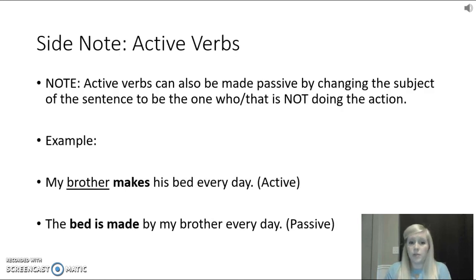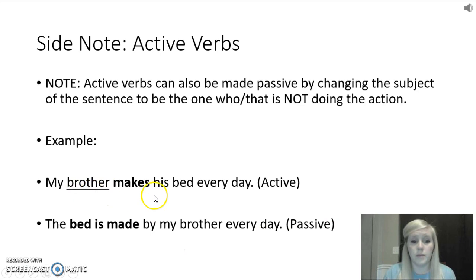Here's a side note for active verbs. Active verbs can also be made passive by changing the subject of the sentence to be the one that is not doing the action. Just like we can change passive verbs to be active, we can also change active verbs to be passive. I've given an example here. It says, my brother makes his bed every day. The way this sentence is written, the verb is active because brother is the subject.